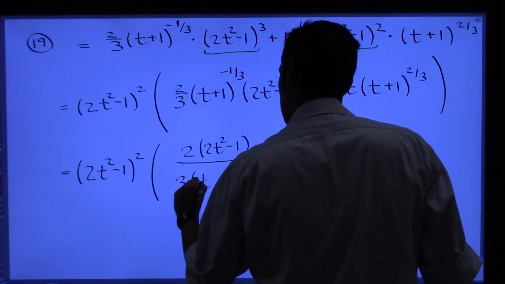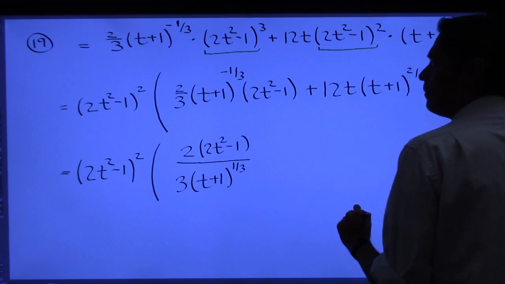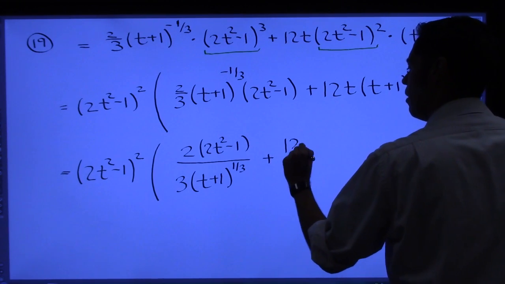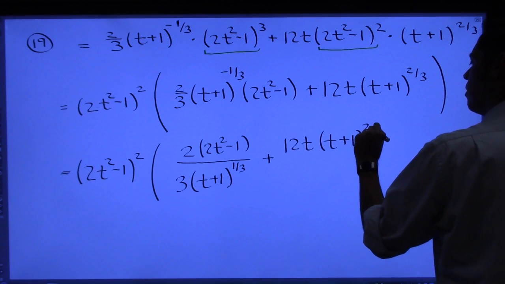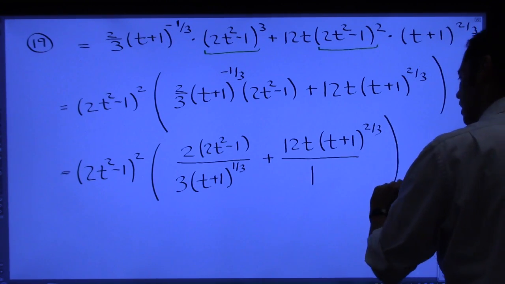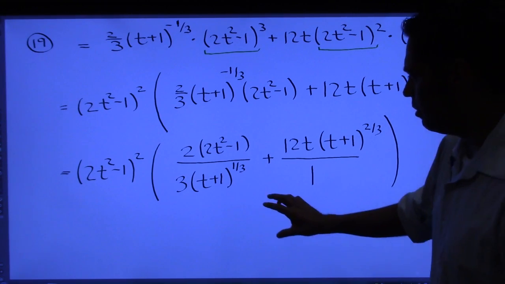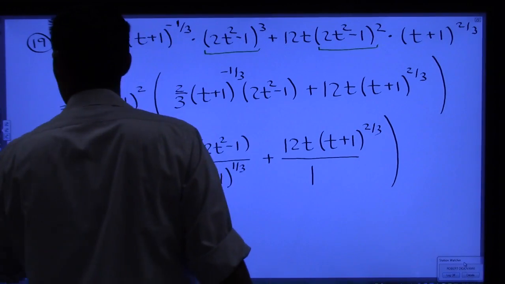And then I have (t plus 1) to the 1/3 down here, plus over here, nothing drops down, so 12t (t plus 1) to the 2/3, but I'm going to write it as a fraction because I'm about to try and get a common denominator. So when I get a common denominator, what I'm going to need to do is use this down here. So I'm going to introduce it. So let me get my eraser out.